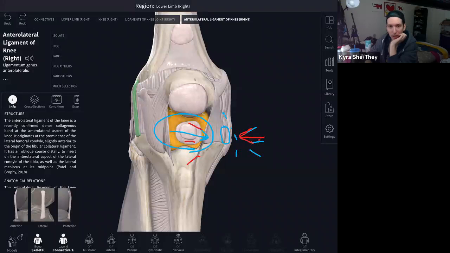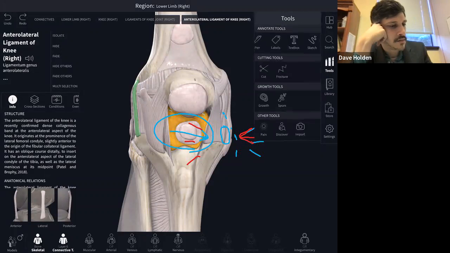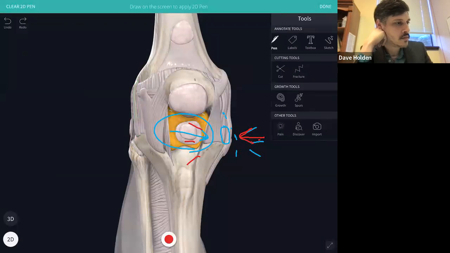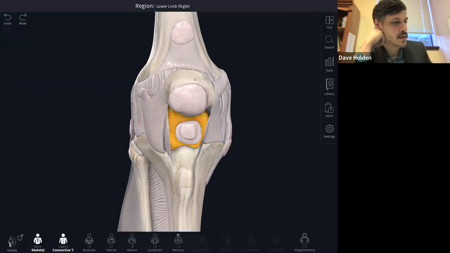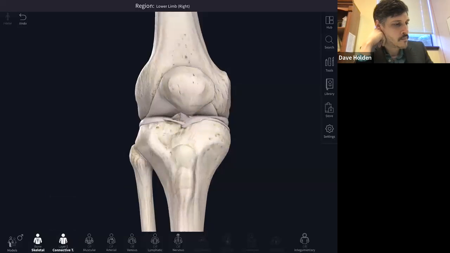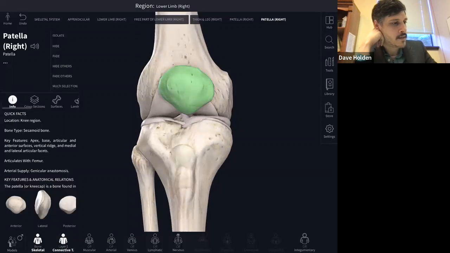Try power cycling the app. Ugh, that takes so long. There we go. Clear 2D pen. I got to remember that trick. All right, so give me a moment.